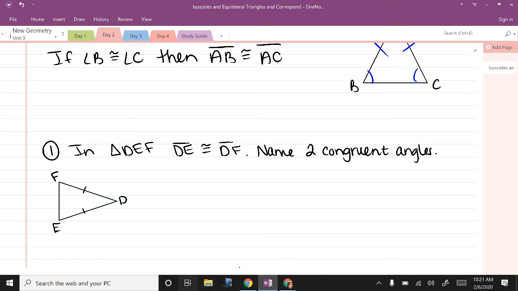Yeah, so it's not the vertex angle. Angle D is the vertex angle, right? It's angle E is congruent to angle F, right? Y'all agree? And that would be the base angles theorem. Everybody okay with that? If two sides are congruent, the two angles are congruent, but not the vertex angle.